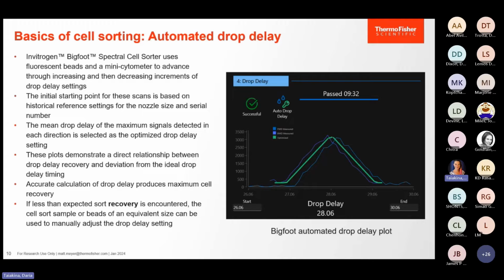That's basically saying that 28.06 drops is the exact point at which the most cells, or beads in this case, are going to be measured by this cytometer inside the system. And so you can use that drop delay for your cell experiments and bead experiments, and that will ultimately give you the most accurate drop delay.